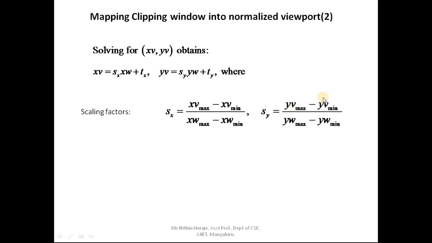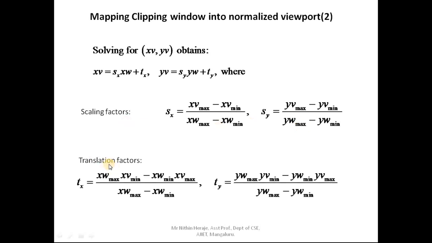This is the vertical length of the clipping window in the normalized viewport, divided by yw max minus yw min, which is the vertical length of the clipping window in the world coordinates.